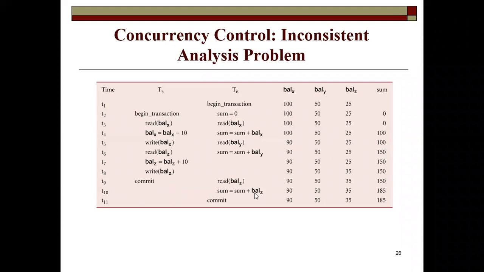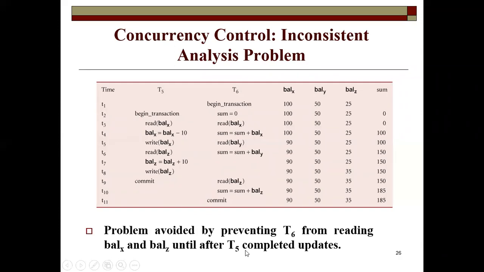At T10, we make an update to the summation by adding the 35, which is in account Z, to the value of sum, which is 150, giving us 185. And when we commit and make that permanent, we realize that rather than having 175, we have 185. Problem being, we read the value of X before it was actually updated.